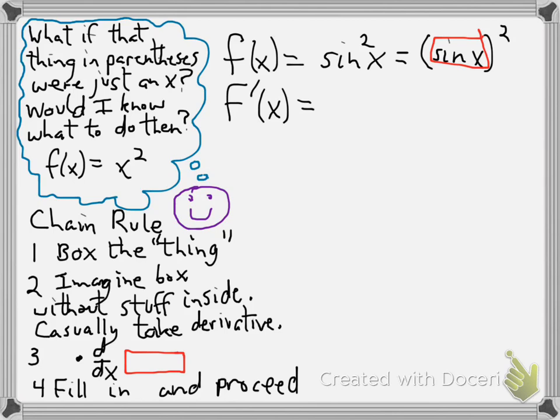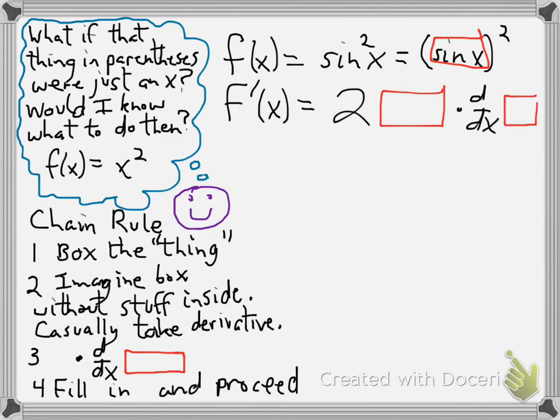So step 2, we will look at this as if it was box squared, and casually speaking, what's the derivative of box squared? And we would say 2 box. But then because there was something in the box besides x, we have to say times d dx of box.